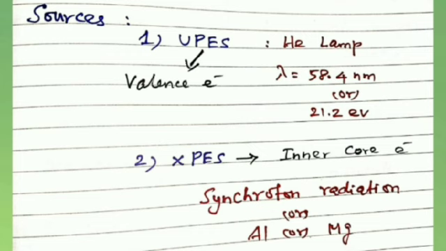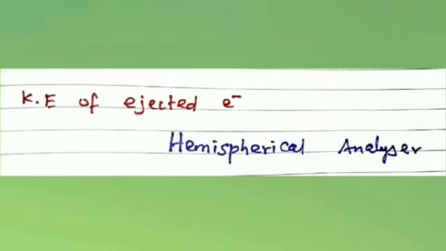For XPES, a very high intensity source, synchrotron radiation, is used, or aluminum or magnesium are also used. For both XPES and UVPES, the kinetic energy of the ejected electron is measured using a hemispherical analyzer. It is a very important one.